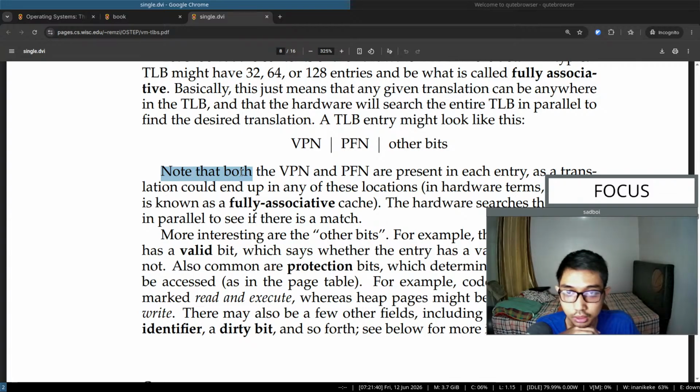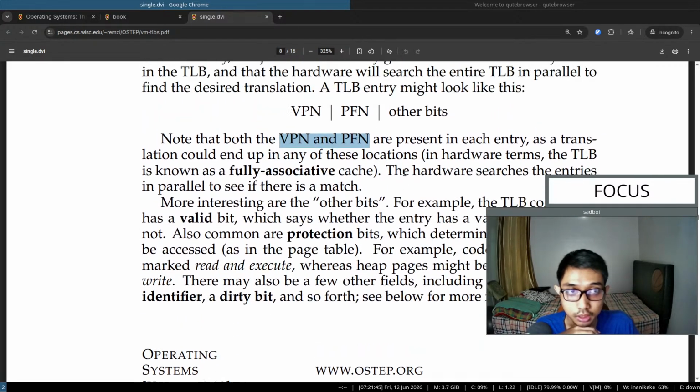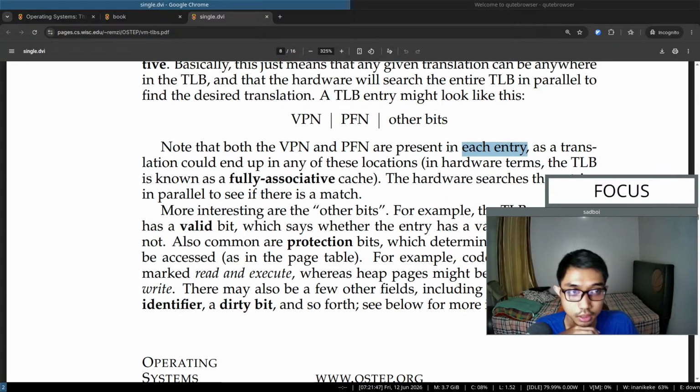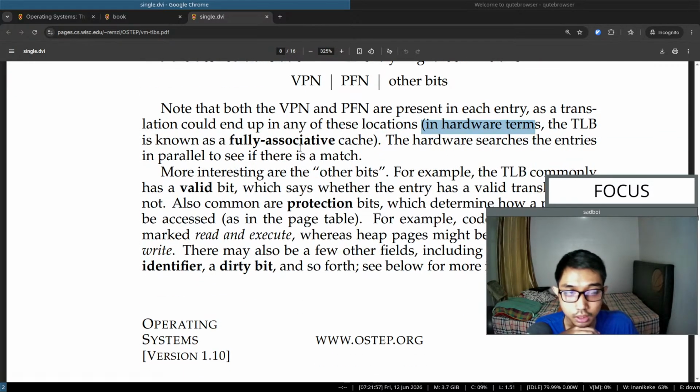Note that both the virtual page number and page frame number are present in each entry, as a translation could end up in any of these locations. In hardware terms, the translation lookaside buffer is known as a fully associative cache. The hardware searches the entries in parallel to see if there is a match.